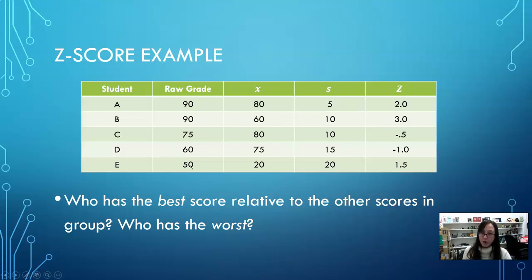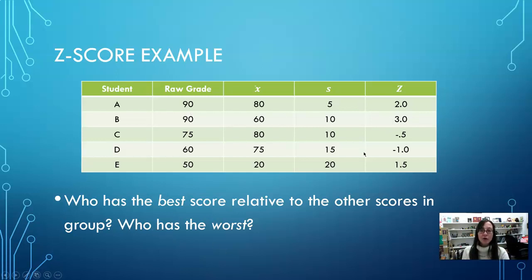We don't look at the raw grades, because by the raw grades we'd say student A or student B did the best. No, when we look at how it's relative to the other scores in the group, we look at the Z score. So it's actually student B that did the best, because they got 3 standard deviations above the mean, since that mean was relatively low at 60 and they got a 90. So they did really well.